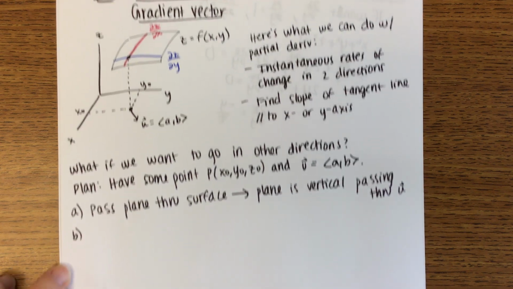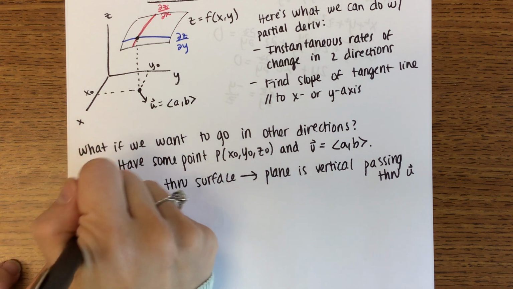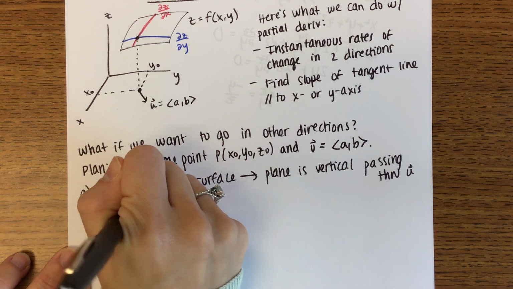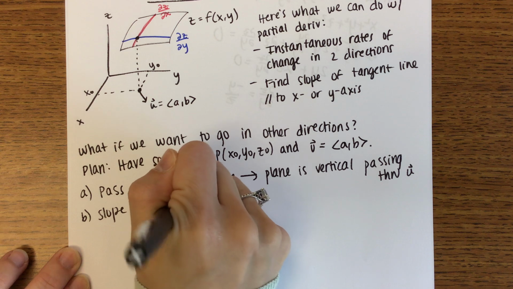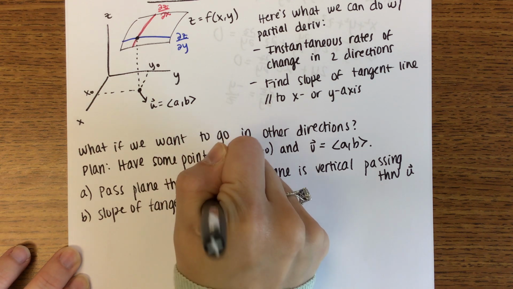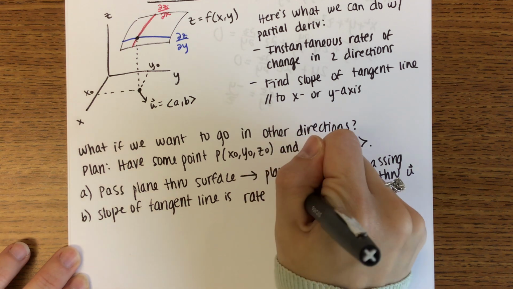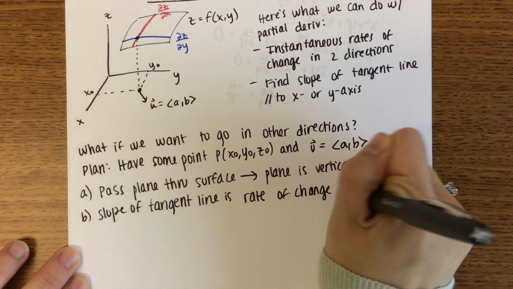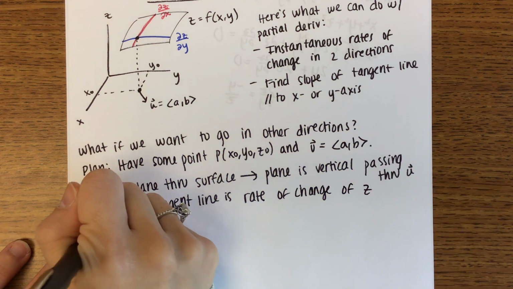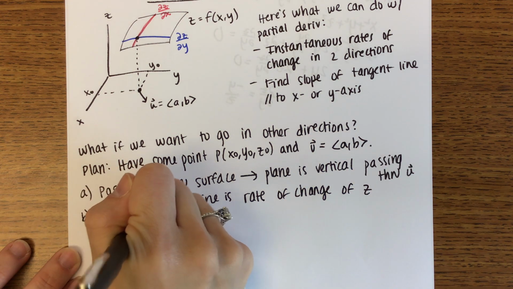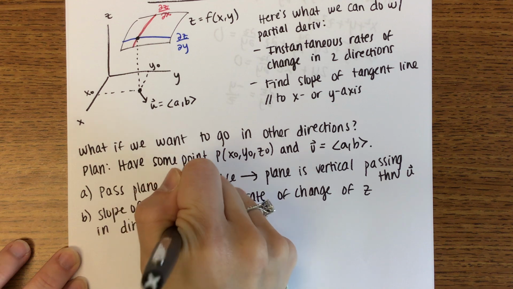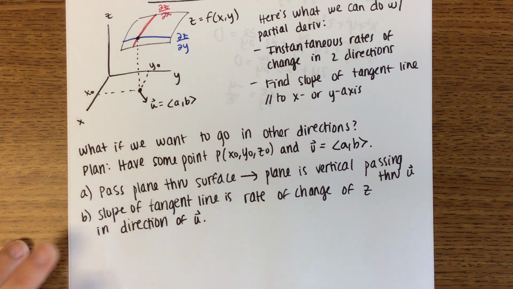So then, the slope of the tangent line is going to be the rate of change of z in the direction of u. So that's ultimately what we're looking for, so we need to figure out how to find the slope of that tangent line.